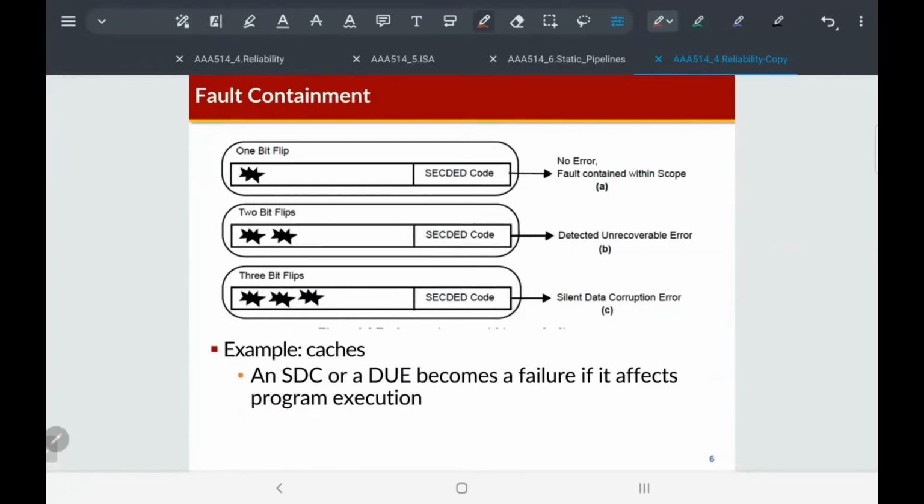Okay, and then as I explained, the data bit error rate. The data bit flips can be correctable, or detected, or they cannot be detected. For example, as I mentioned, we can use the SECDED code in our memory systems, in the ECC DRAM DIMMs. SECDED means single error correction and double error detection.